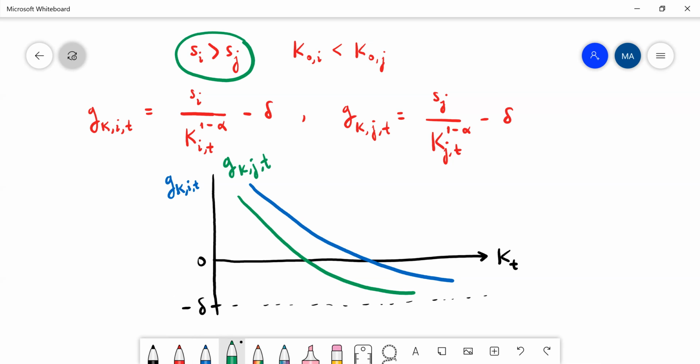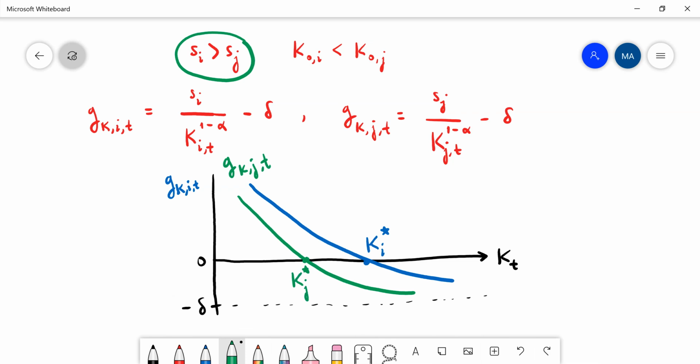So in the steady state, this is K_I star, and this is K_J star.